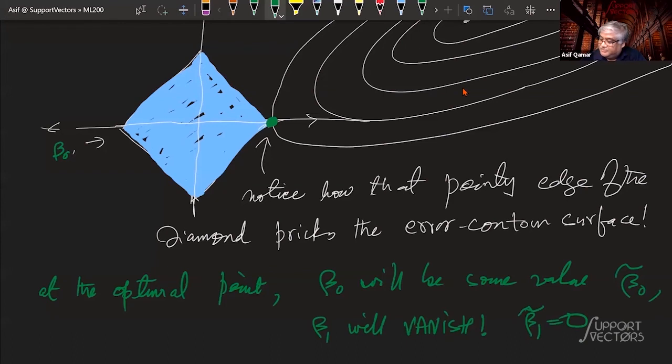The perfect value of beta 1 will be 0. Do you see this, guys? This point is beta naught tilde and 0.